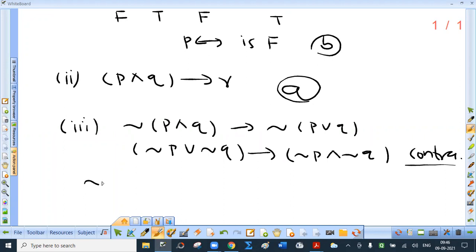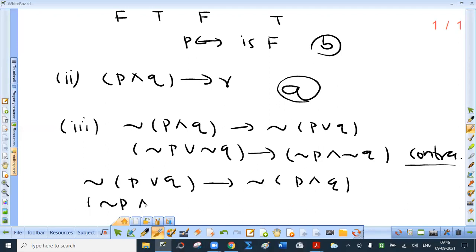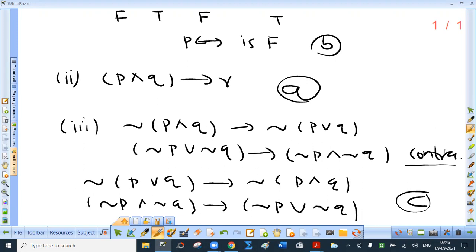So it is what? Negation P or Q implies negation P and Q. So this is not P and not Q implies not P or not Q. So correct option for sum number 3 is C. I repeat, this is contrapositive, which is not asked.